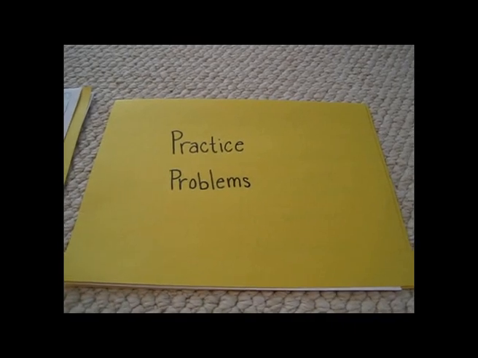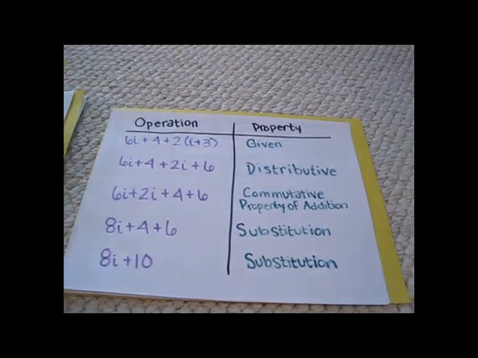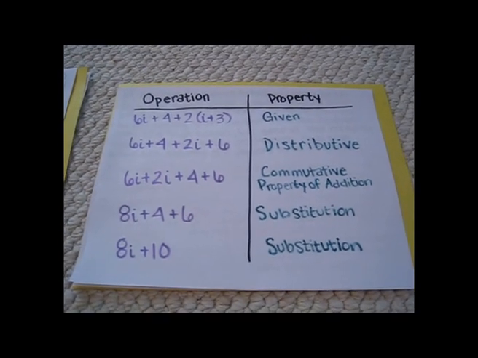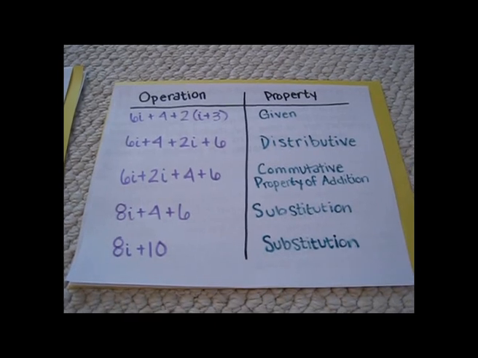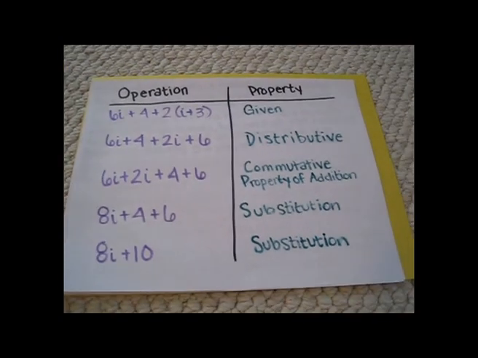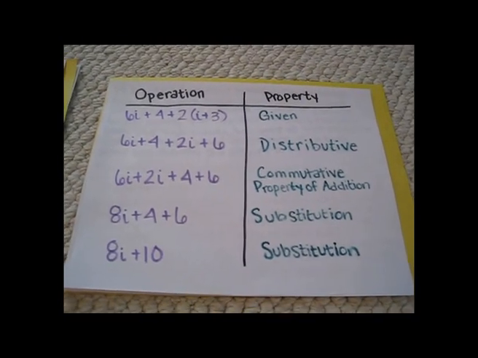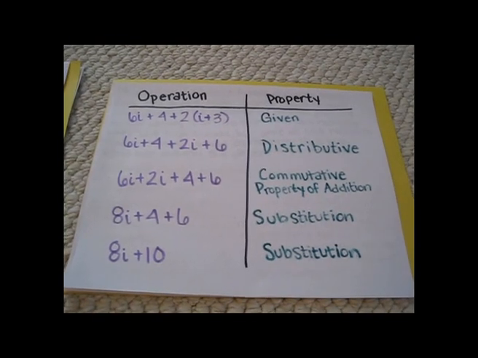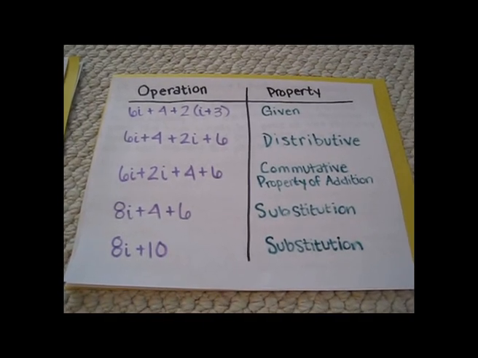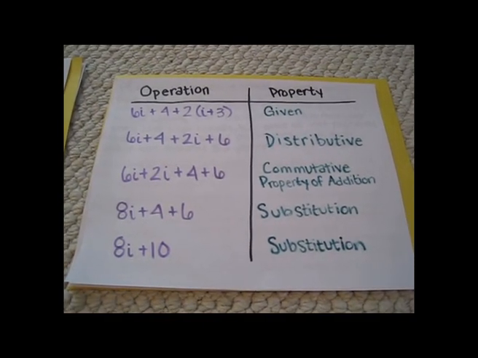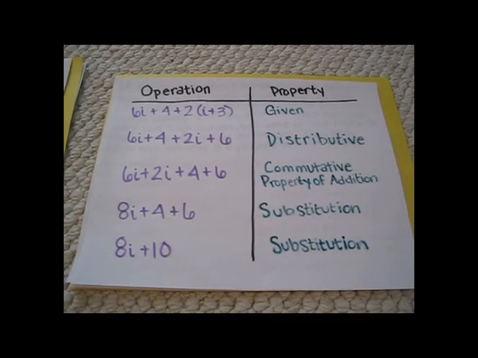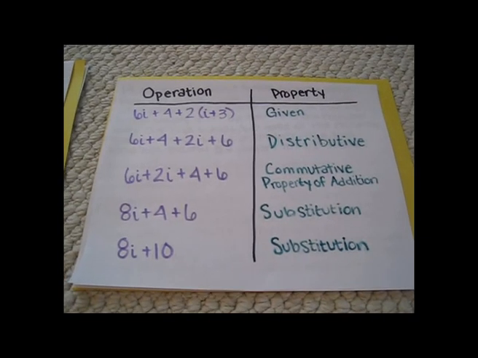Okay, so let's do some practice problems. This is a problem, and the way I've set it up is in a chart so that you can always keep your properties and your equations organized. So what you're given is 6i plus 4 plus 2 times the quantity of i plus 3. And then you change it to 6i plus 4 plus 2i plus 6 using the distributive property by multiplying 2 times i and 2 times 3.